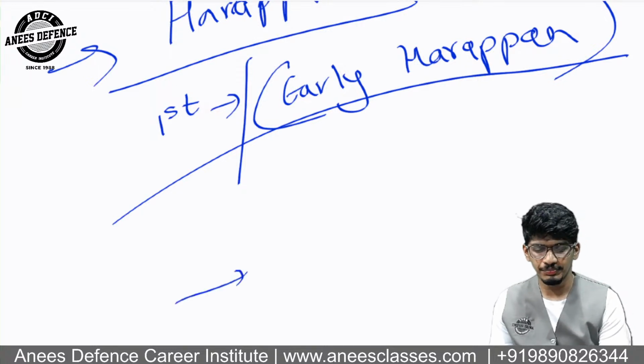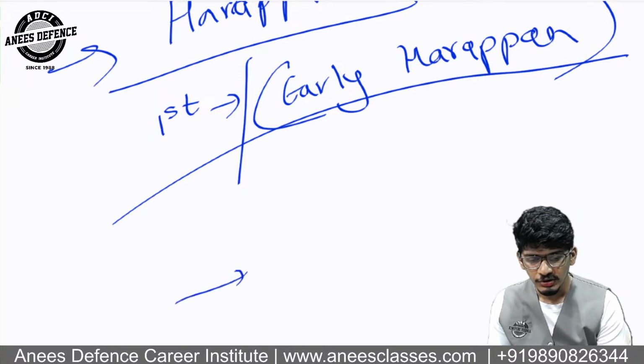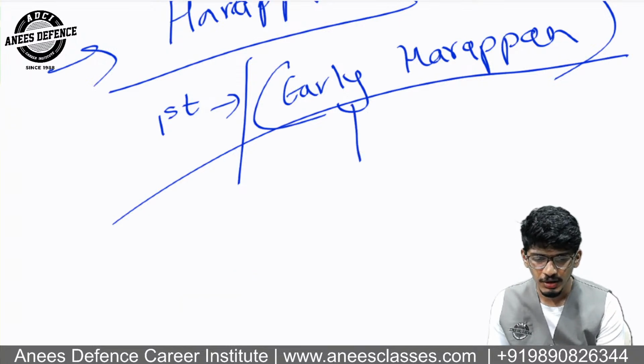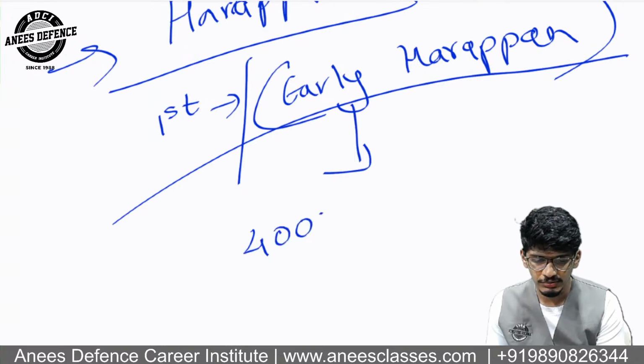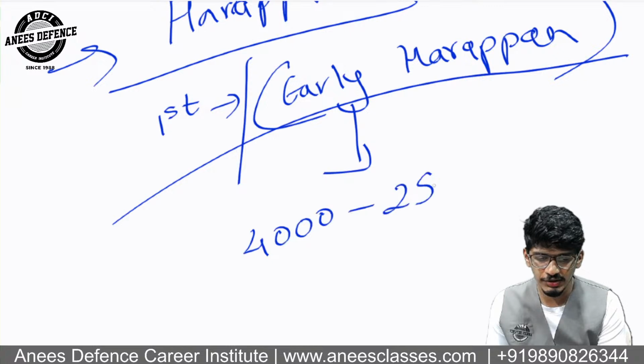It took many years before developing into cities. So that is why this phase is also called the early Harappan phase. Now, roughly this phase corresponds to 4000 BC till 2500 BC.